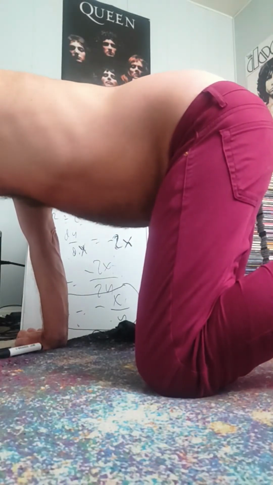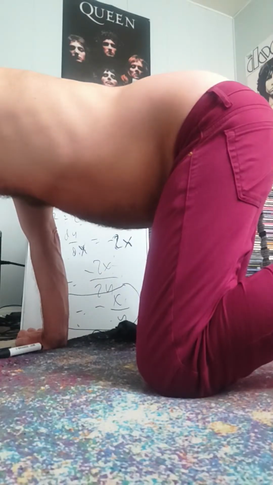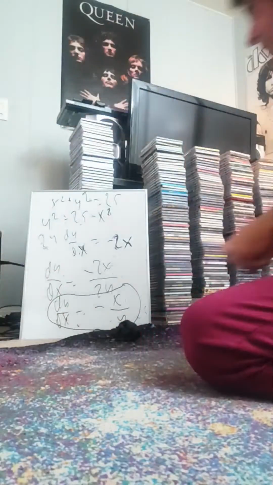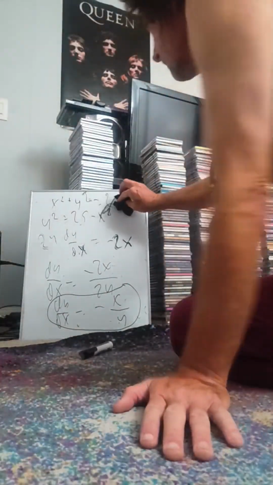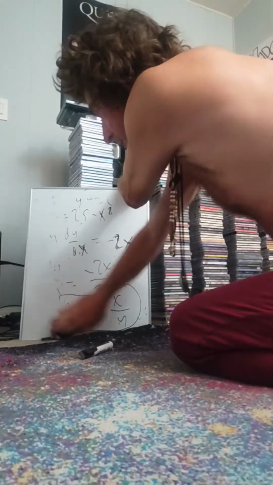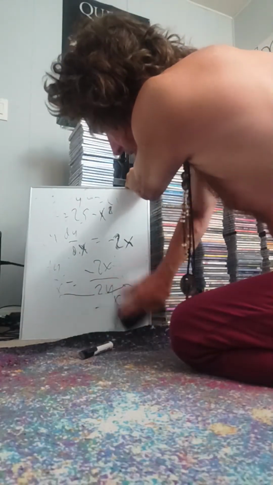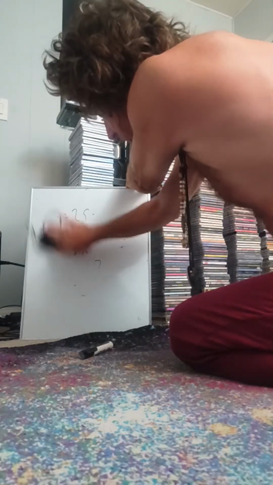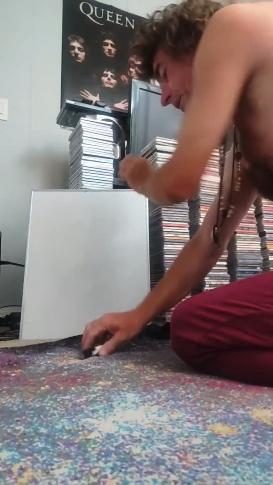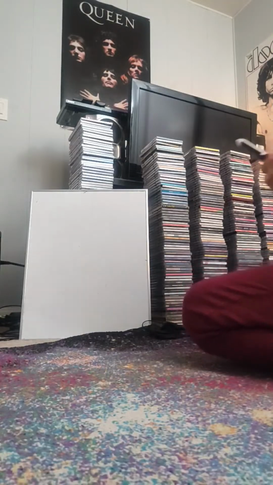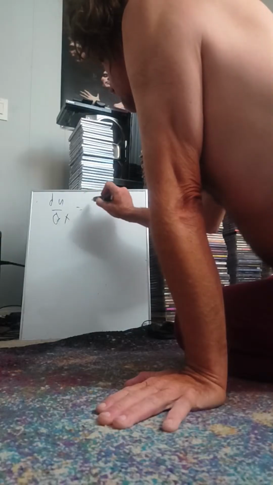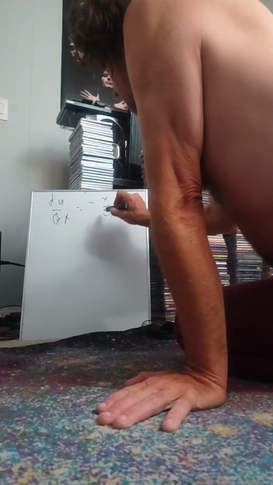We want to do, let's do a little fun thing, as if this isn't fun already, right? Negative x over y, I did that right, actually. So you have dy/dx equals negative x over y.